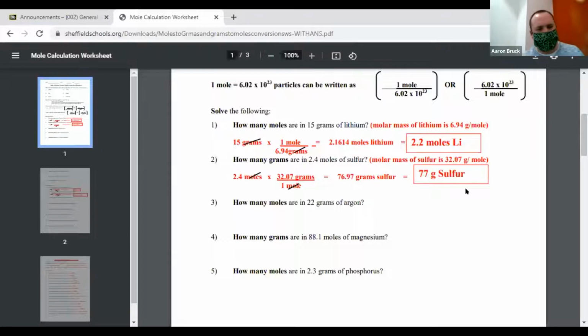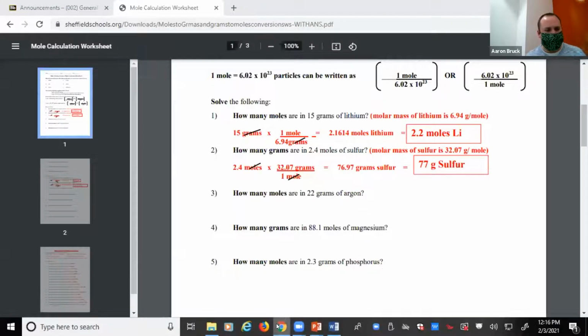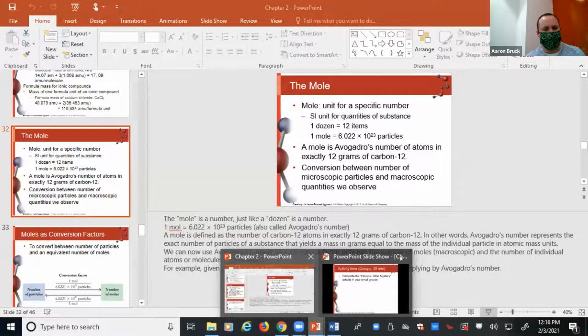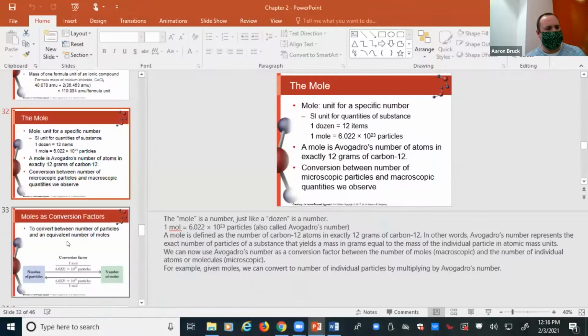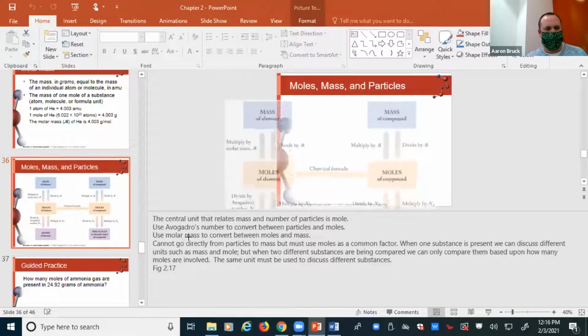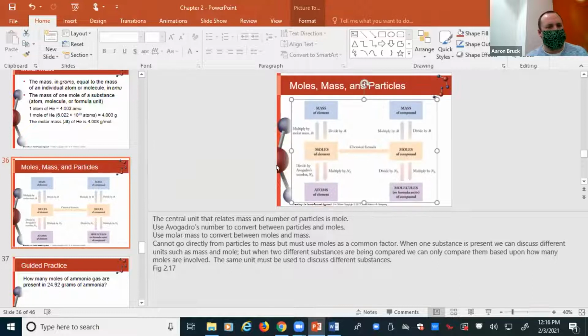So let's start off with a relatively simple one. How many moles are in 22 grams of argon? Now again, if we go from point A to point B, what we are going to see is that this map concept is going to show up in a number of ways along the way.